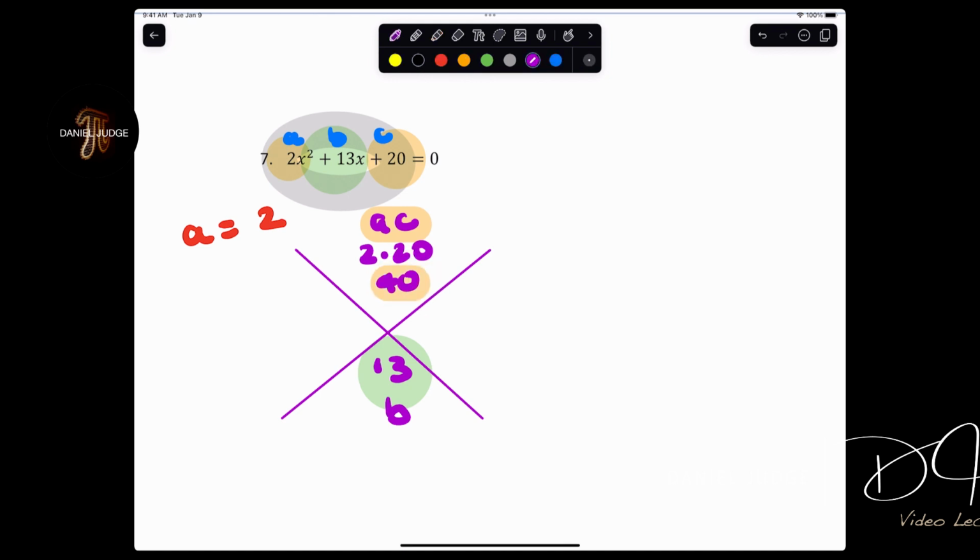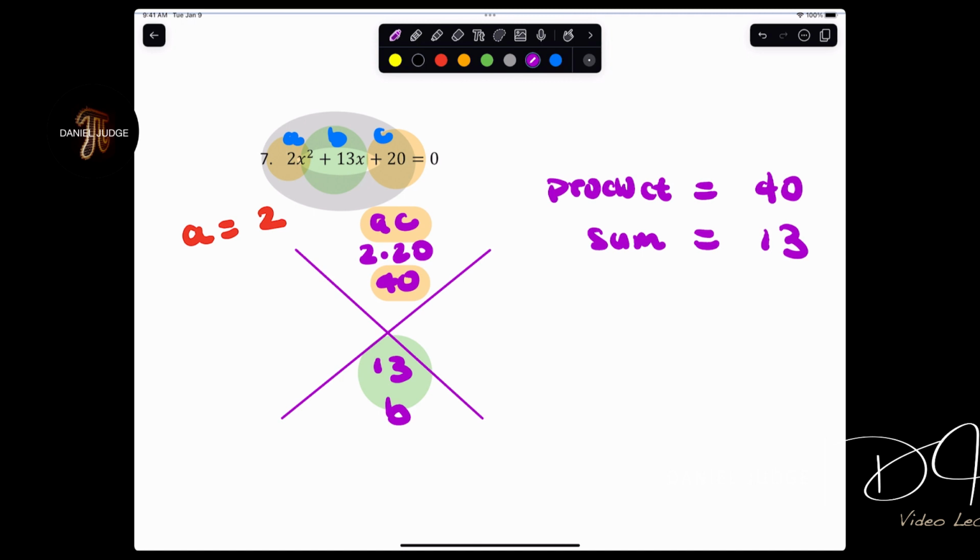So again, still, we need two numbers whose product will be 40 and whose sum will be positive 13. Two numbers multiplied together. Product is positive 40, but whose sum is 13. Now, a is 2. A is not 1. This is the first example where that happens.